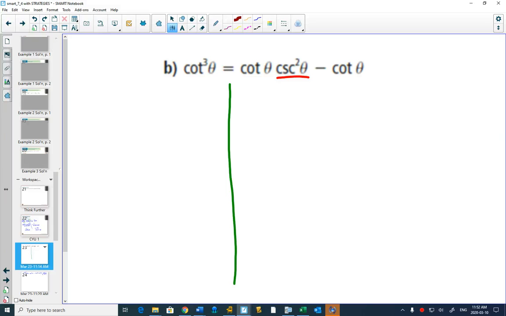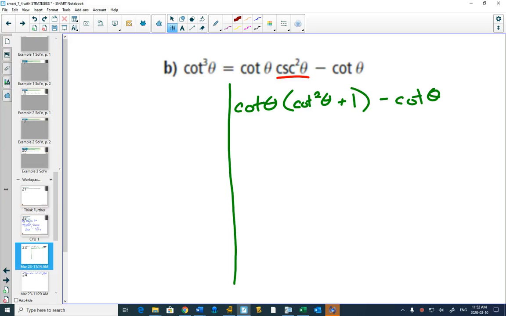So we need to have all of our identities memorized so that you could recognize at this point that the hint of the left-hand side is telling me on my right-hand side, I should replace that cosecant squared theta with cotangent squared theta plus 1. If I do that, then my right-hand side has all cotangent squareds as well.